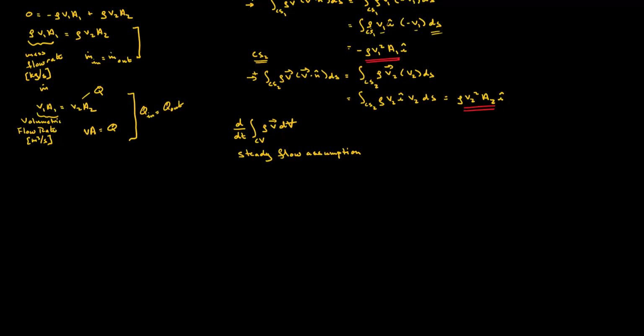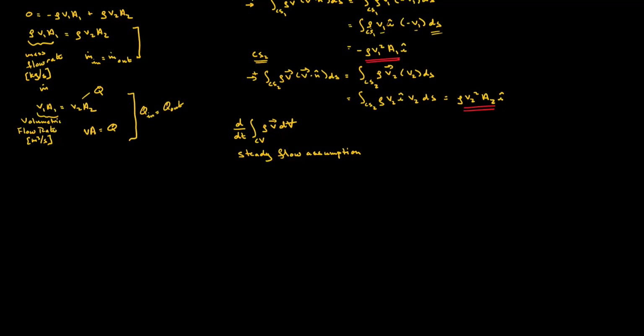Okay? So an individual particle, yes, it does accelerate, its velocity and its momentum change with time. But if we consider a fixed point in space, that point, which is occupied by different particles at different points in time, will have the same properties throughout time.